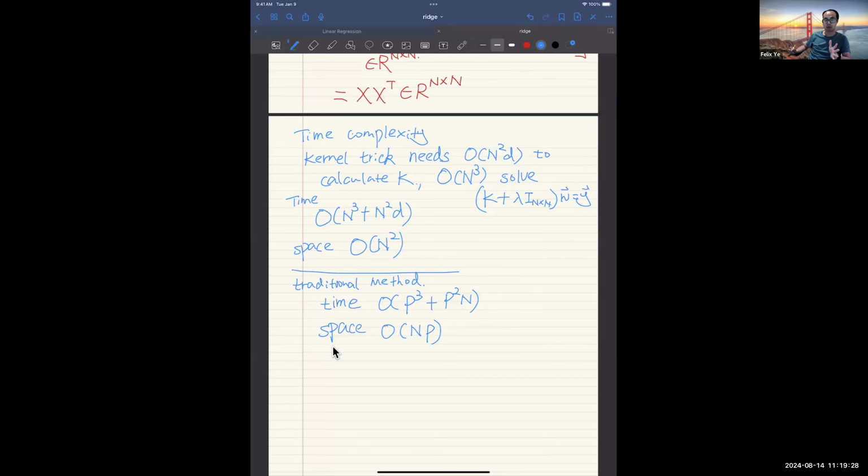Both are intolerable because they are too expensive. With the kernel trick, we can make everything much simpler, and the point is that everything is independent of d.